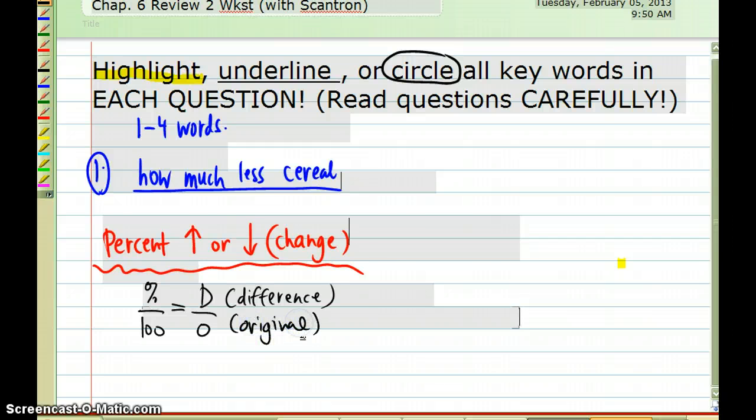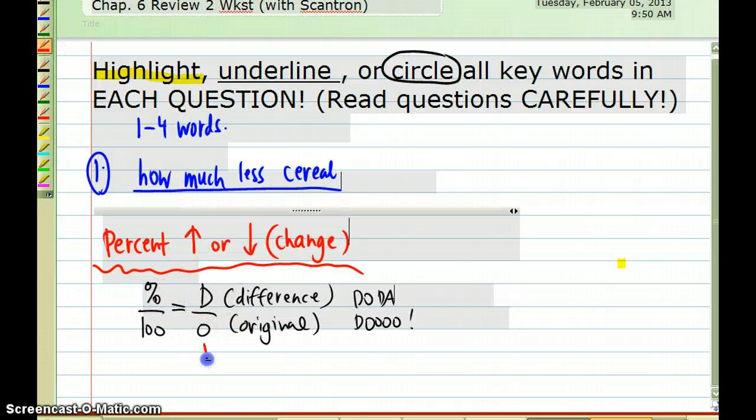That's called D-O, difference over original. There's no other way to do this. You have to get this fraction, D over O, to get your answer. I'm referring to questions such as number 14, 15 on your homework tonight.